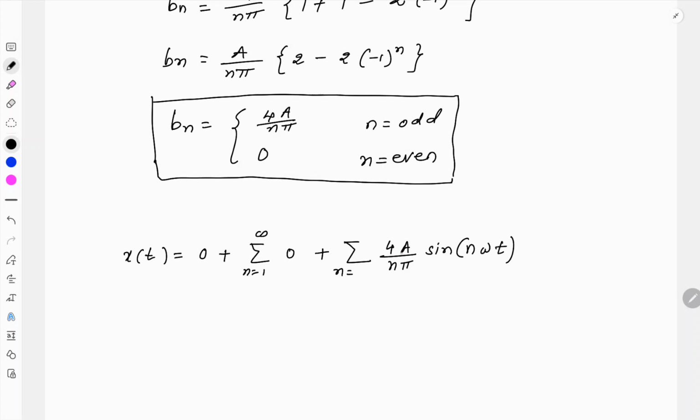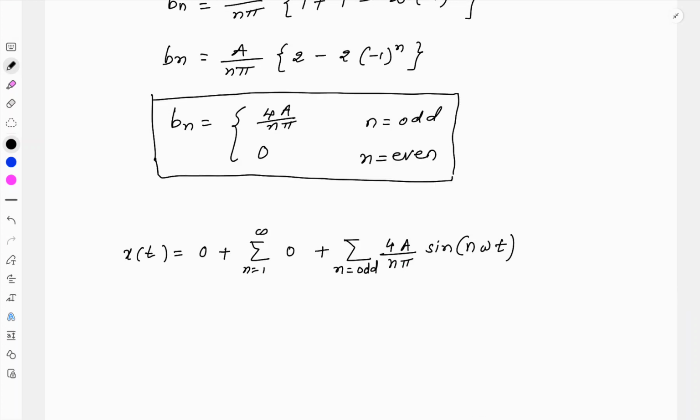But here this bn is 4a by n pi only for values of n equal to odd. So our final answer becomes x of t equal to summation, only for odd values of n, and that n starts from 1 and goes to infinity. So from the range 1 to infinity we are only supposed to take odd values, and the coefficient is 4a upon n pi sine of n omega t.